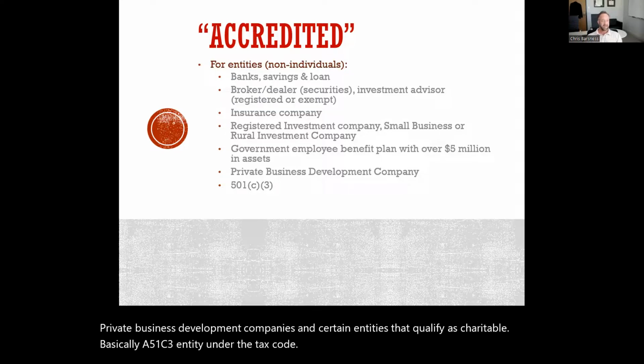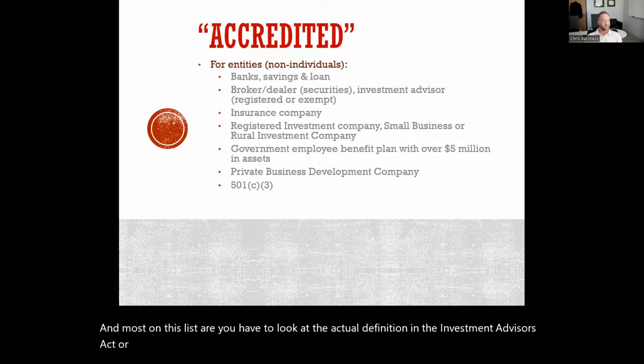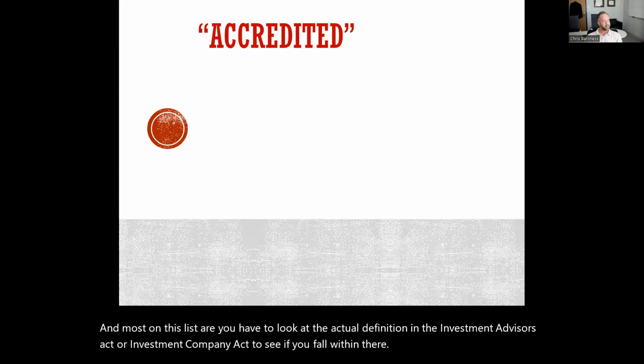And for most on this list, you have to look at the actual definition in the Investment Advisors Act or Investment Company Act to see if you fall within there.